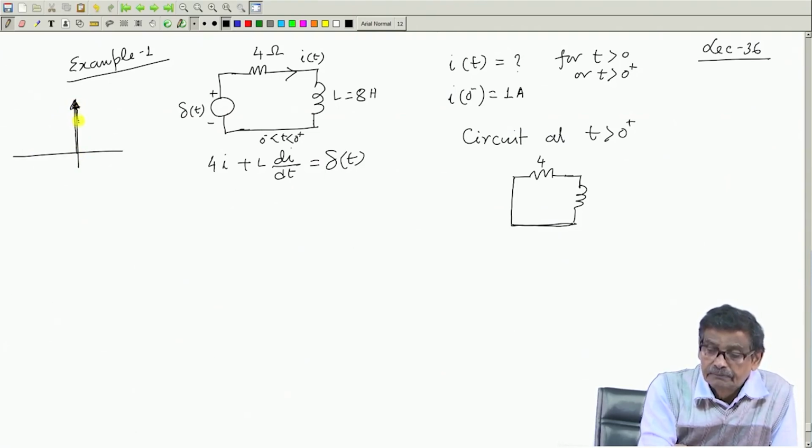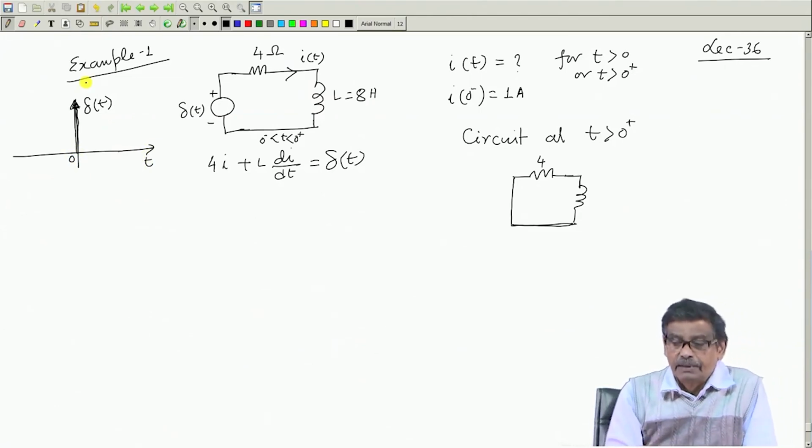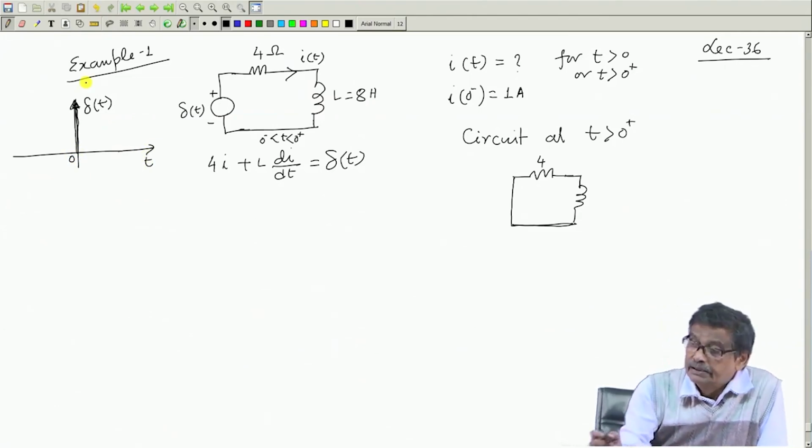This is delta t, and this is time, and this is t equal to 0. At t equal to 0, something happens. What happens is this one.